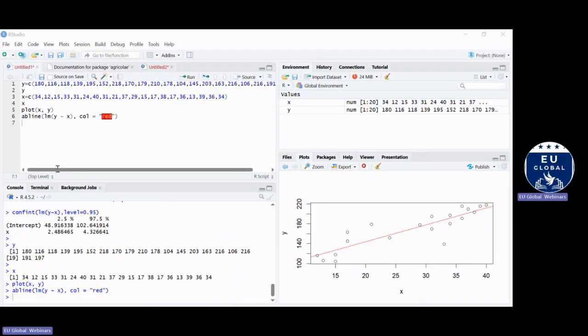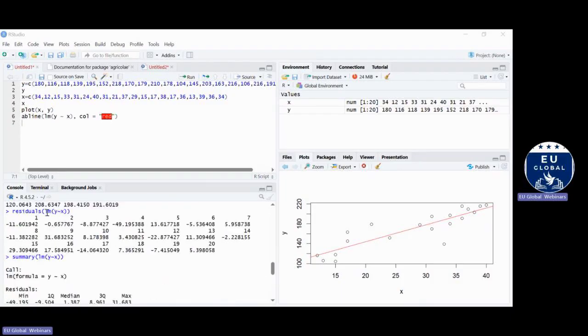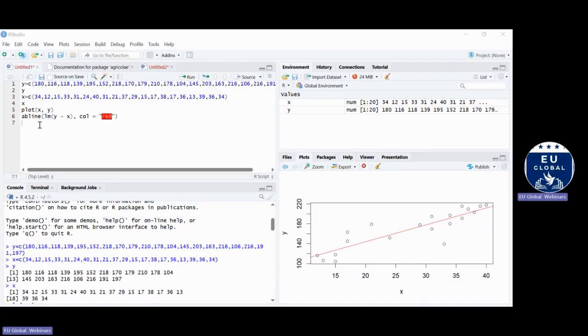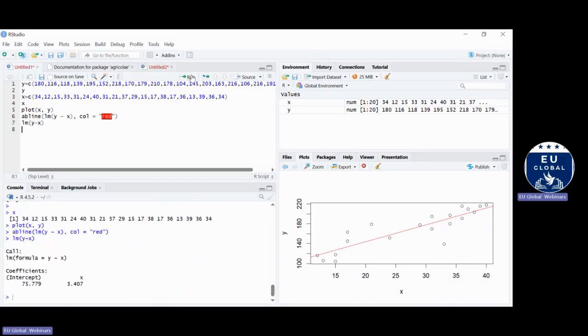Now, to find the linear model of y and x, we are simply going to write lm, the linear model, y tilde x. When we run this, we get a formula where lm is the linear model, and under coefficients, the intercept means beta naught, and the value under x is the value of beta 1.